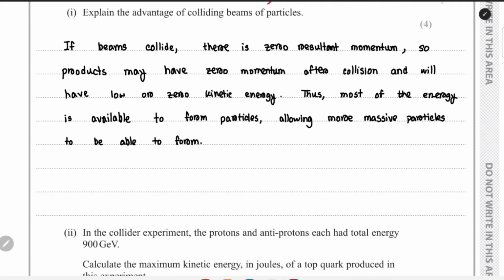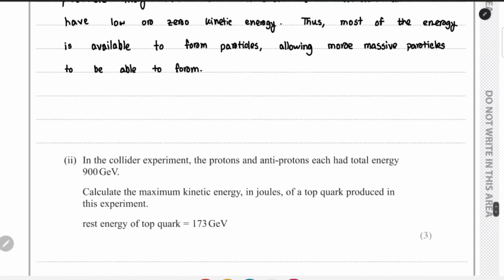So we write down that if the beams collide, there is a resultant momentum of 0, and hence the products may have close to 0 momentum after the collision. If that happens, they will have very low or almost 0 kinetic energy after the collision happens. So all of the energy is available to form particles. So more heavy particles can be produced in this scenario.